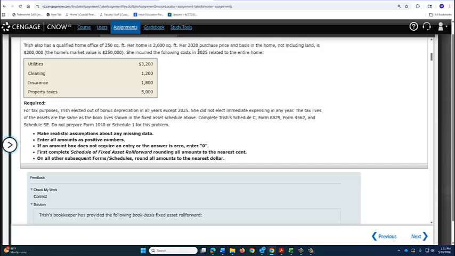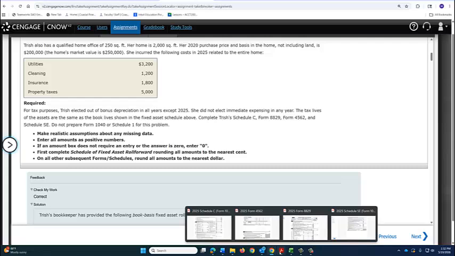She purchased that home in 2020, and the basis in the home, which does not include land, is $200,000. The market value of the home, which is what she could sell it for now, what it's worth, is $250,000. And then we're given utilities, cleaning, insurance, and property taxes as the costs that she incurred related to her entire home. So let's get back over to our 8829.